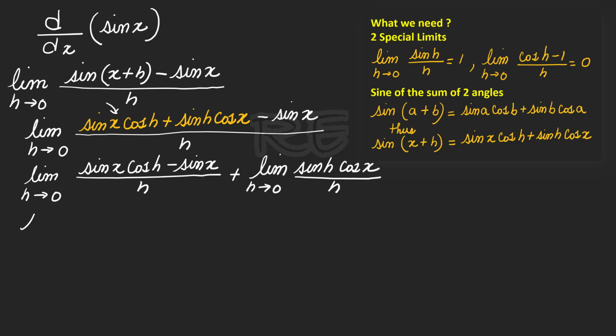Why? Because now, for the first term, we can factor out sine x. So it's going to be the limit as h approaches 0 of sine x times cosine h minus 1 over h.